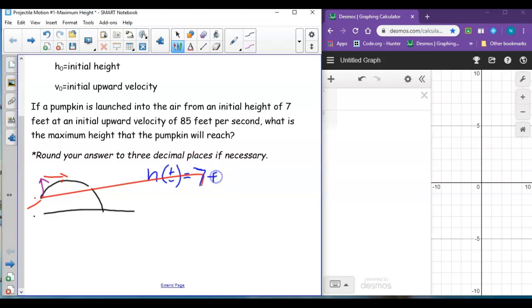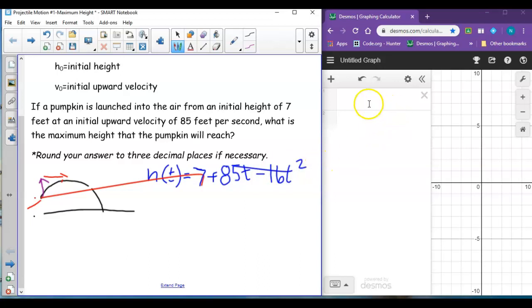And then our initial upward velocity is 85 feet per second, so we'll put 85. And for the 85, we've got a t that goes with that because it's v sub 0 times t. And then we always end it with our gravity, which is minus 16t squared. And so this is our equation.